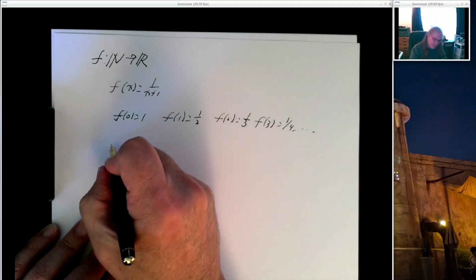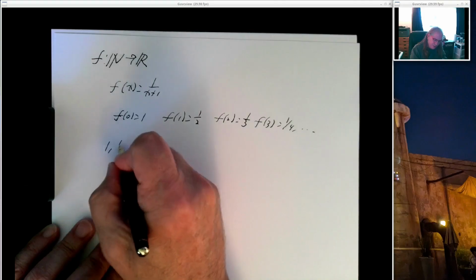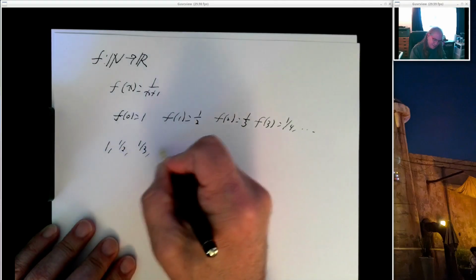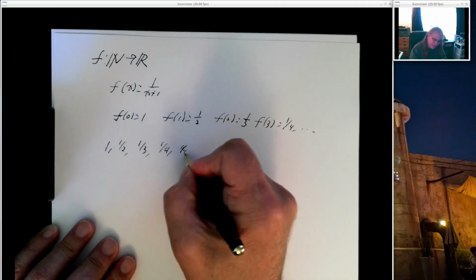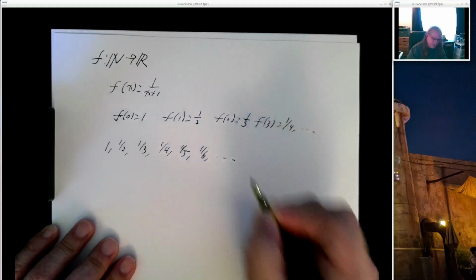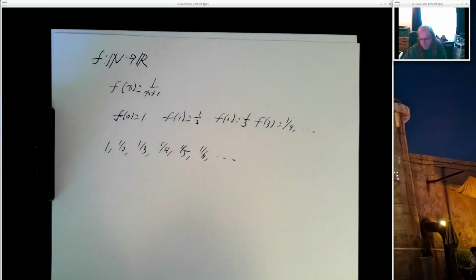And so my sequence would be 1, a half, a third, a quarter, a fifth, a sixth, and so on. And this is like a discrete version of the mathematical function y equals 1 over x, or 1 over x plus 1.